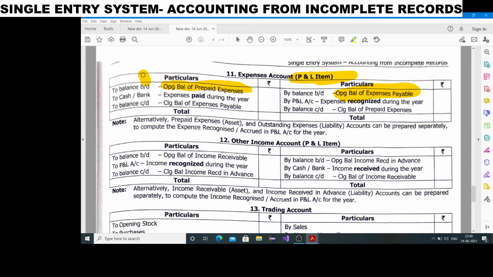See, prepaid expenses are our asset, right? We record it on the asset side of the balance sheet, and the outstanding transaction is our liability.